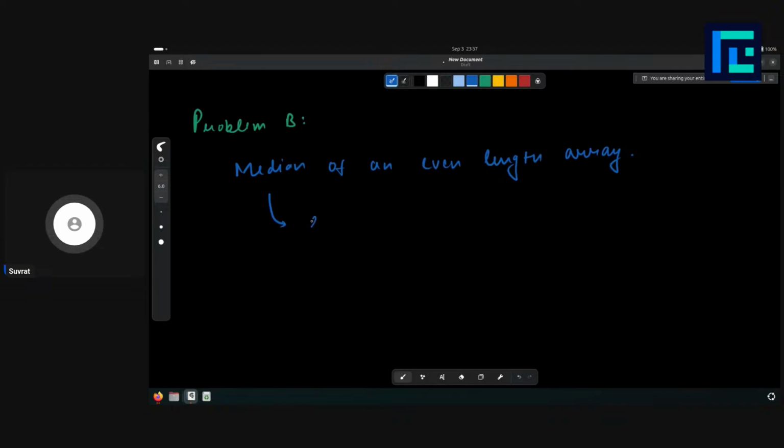So this is basically the left of the two middle elements in the array after sorting.